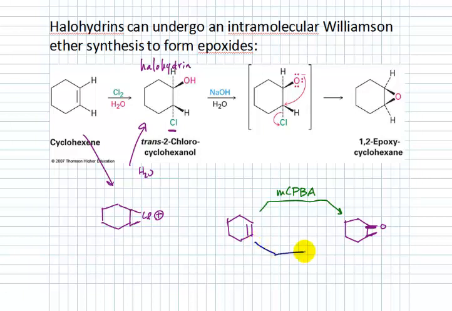I guess the peroxy acid method is probably preferred since it's just 1 step, but it makes a good mechanistic step for us to understand the other way. Step 1, make the halohydrin. Step 2, deprotonate it. Both of those reactions will make an epoxide, right?